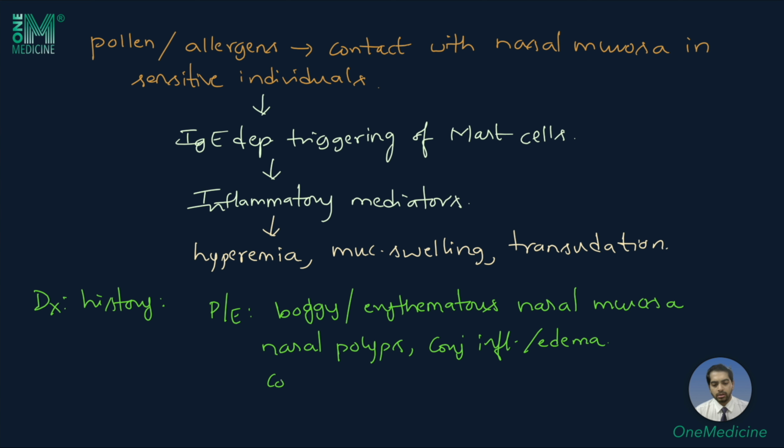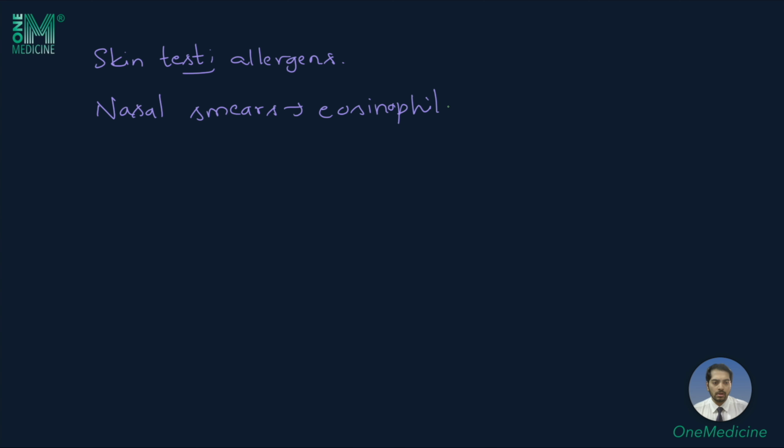Patients may have other coexisting allergic diseases such as urticaria or even asthma. Skin test can be done to identify the allergens. Nasal smears may reveal a large number of eosinophils. Serum IgE, which can be either total or antigen specific, will be elevated.